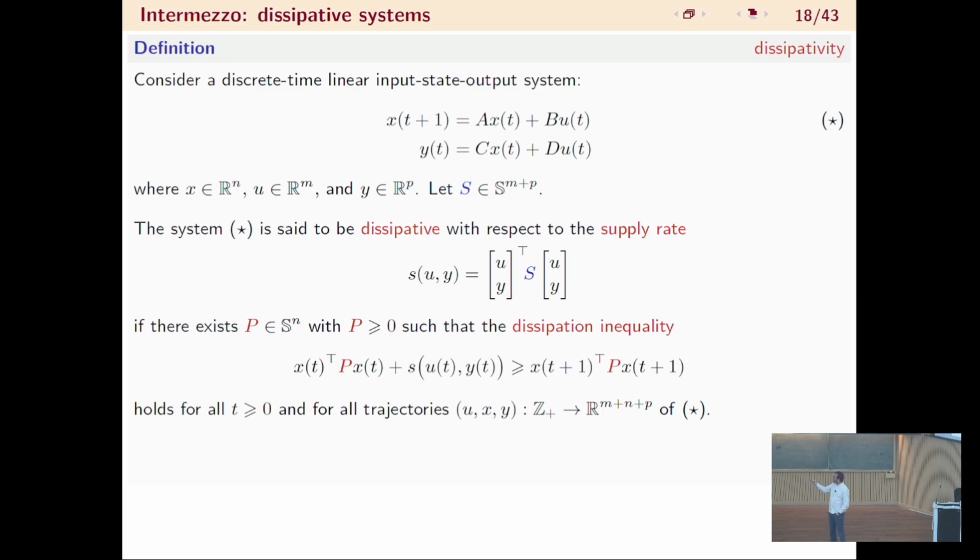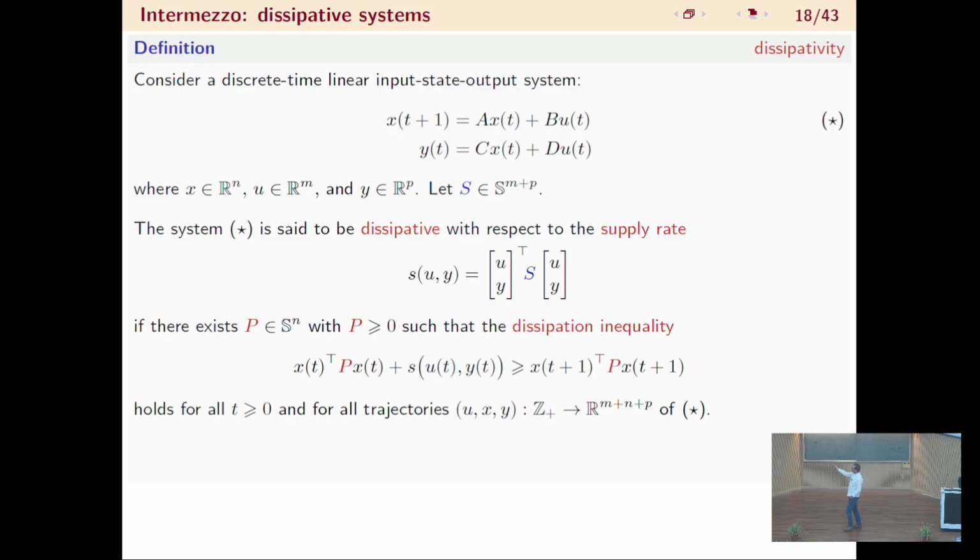And there is also the dissipation inequality here. What does this mean? Well, this is basically abstraction of what we know from physics. No system generates free energy. And what this dissipation inequality tells is the following. X transpose Px represents the energy stored in the system at time t.